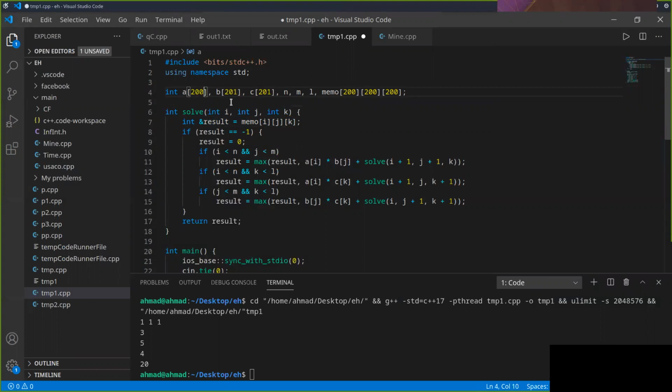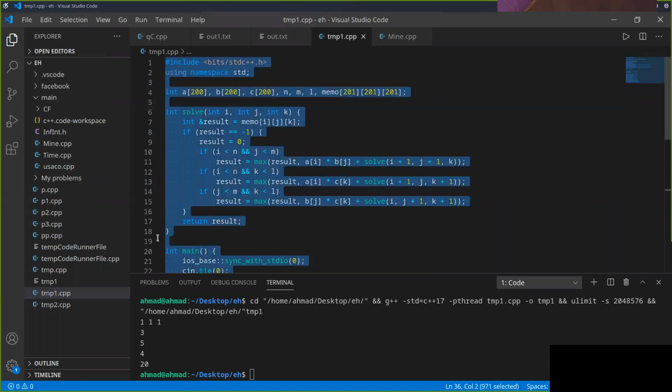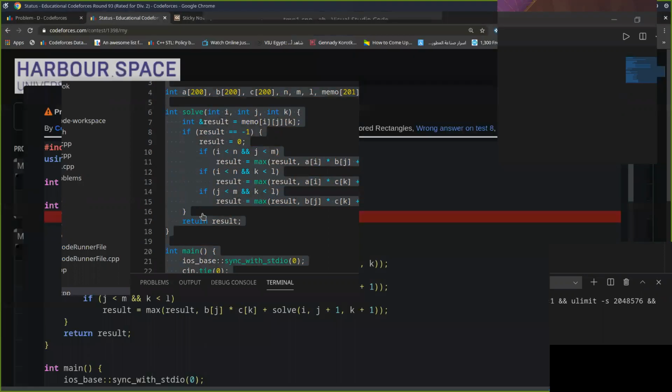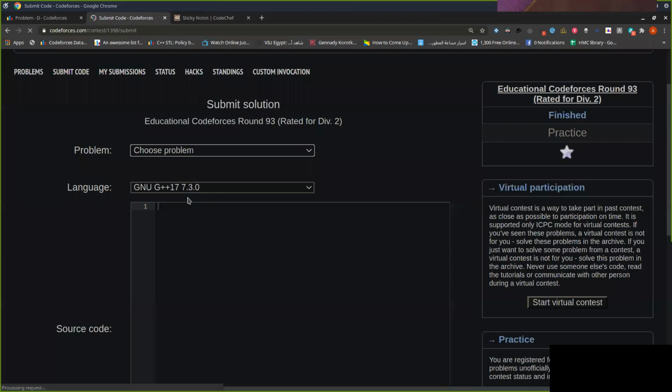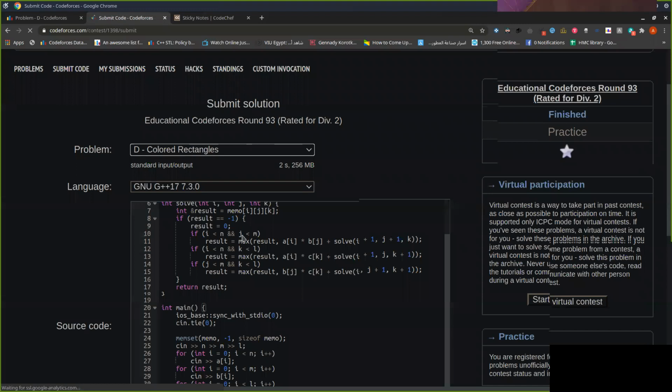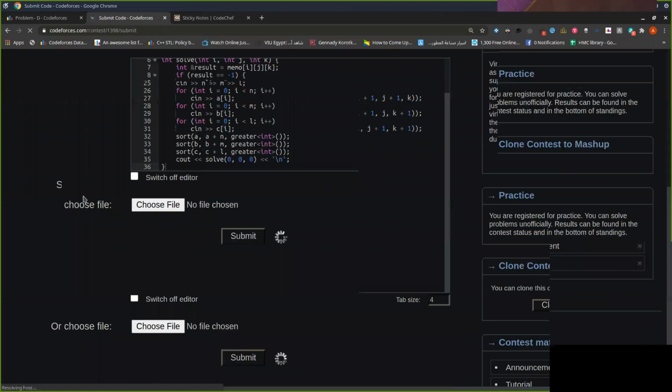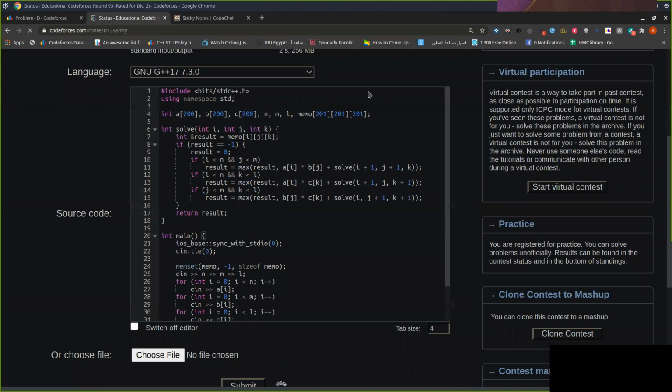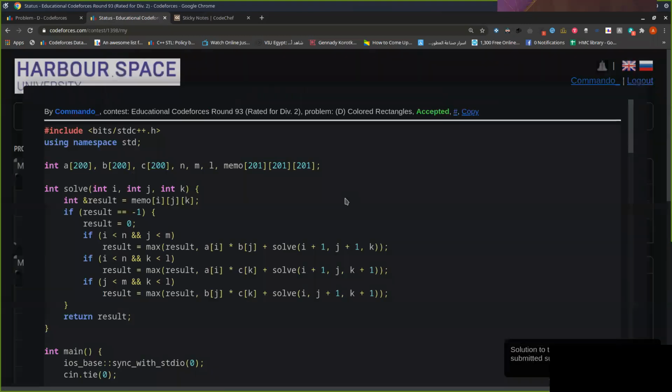But actually, let's not increase it in the memo. Okay, accepted.